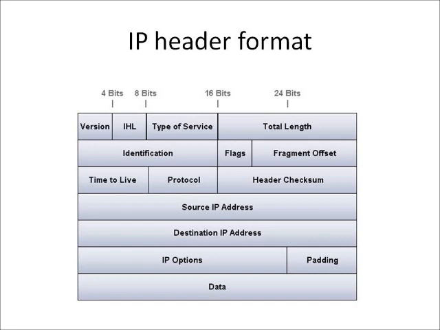Time to live, which I mentioned earlier, is a more advanced way of ensuring that packets or frames, in this case a packet, only live so long on the network. What upper layer protocol this IP packet has, and I mentioned two already, TCP and UDP. A checksum just for the header, then the source IP address, the destination IP address, some IP options, some padding, and then finally the actual data.